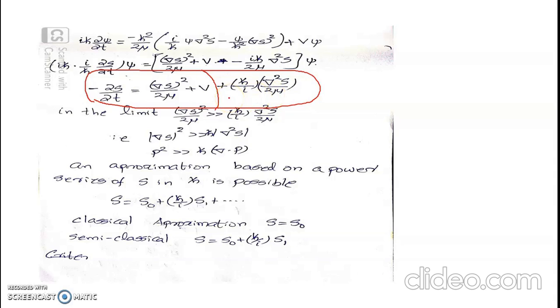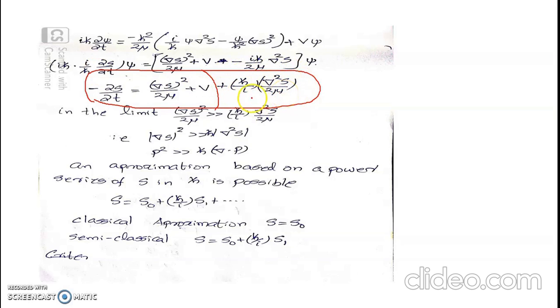It's an assumption that this term is negligibly smaller compared with the term containing grad S whole square by 2 mu. Then the quantum mechanical equation of motion is exactly identical with the classical equation of motion. The only difference that quantum mechanics can account for is in terms of this term, h cross by i del square S by 2 mu.